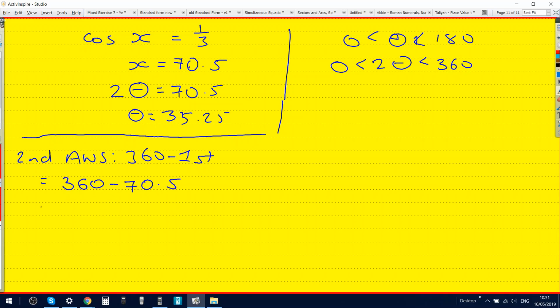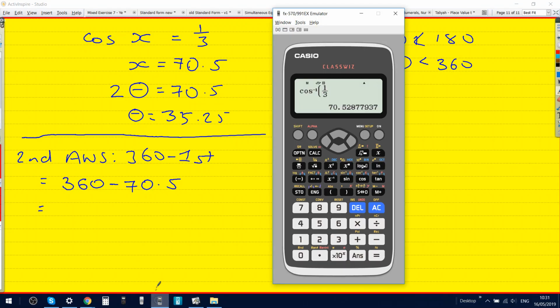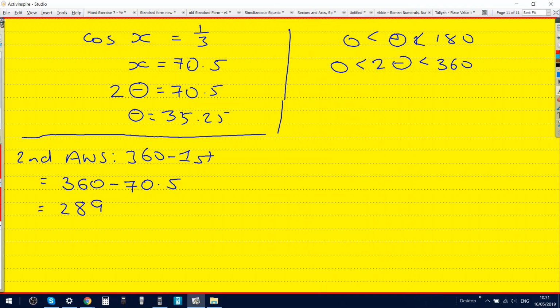360 minus 70.5 is 289.5, and so that's x, which is 2 theta.